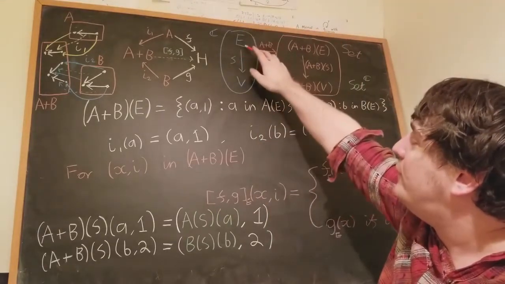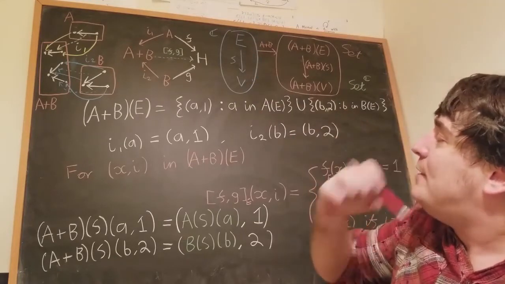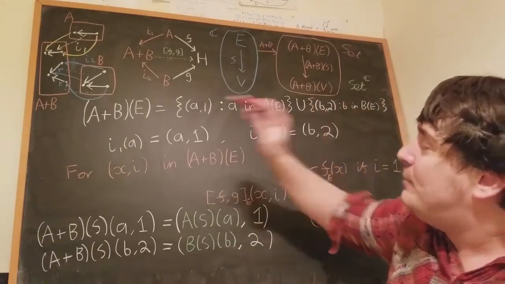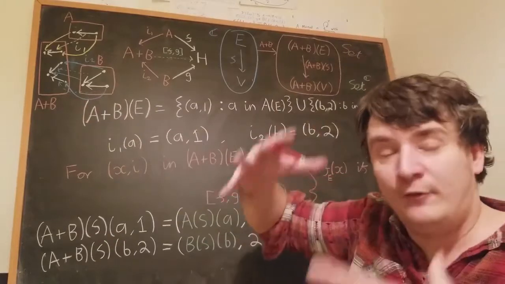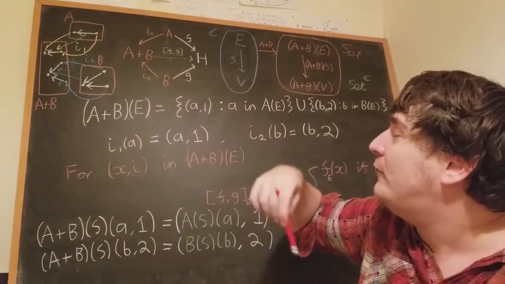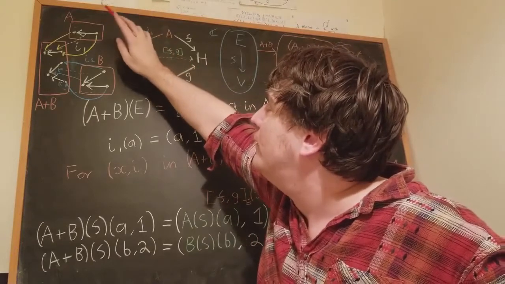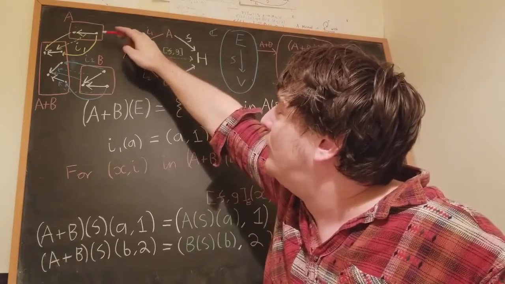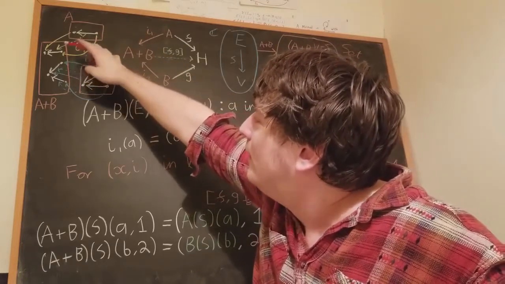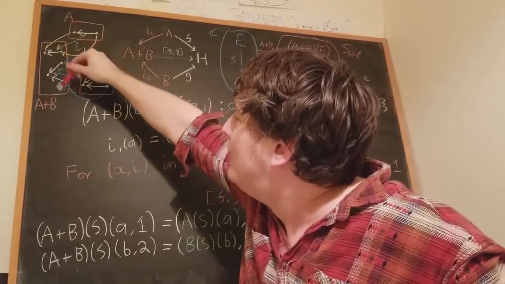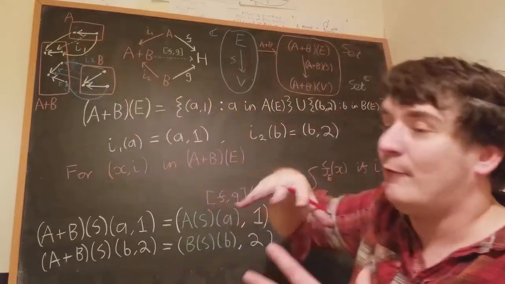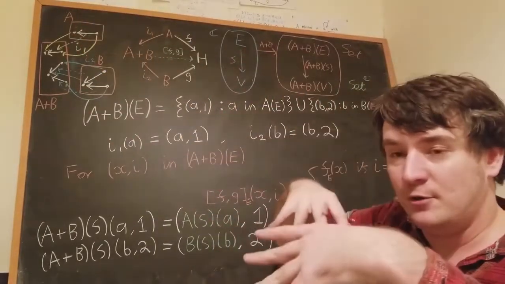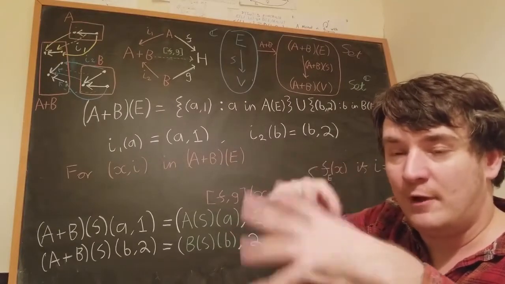Okay, so let's start with the first issue. Before I get into the details, let me just say that really A plus B just looks like the disjoint union of A and B. So for example, in graphs, let's say we do the coproduct of this graph and this graph. Well, we can just think of these as disconnected parts of this larger graph. So we take one copy of this and one copy of this, and we label them differently to make sure there's no cross-contamination, no intersection.